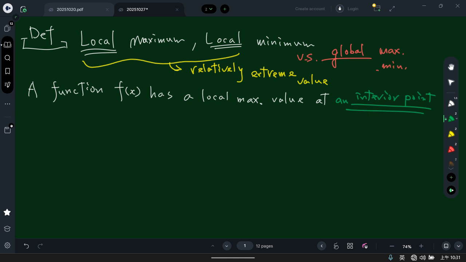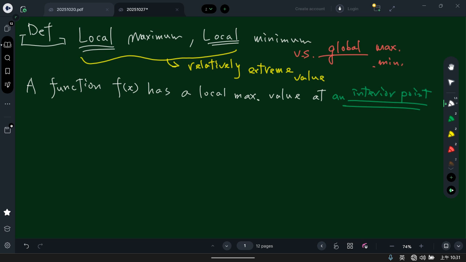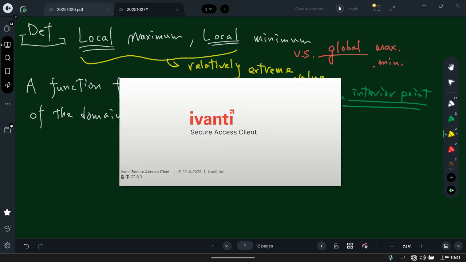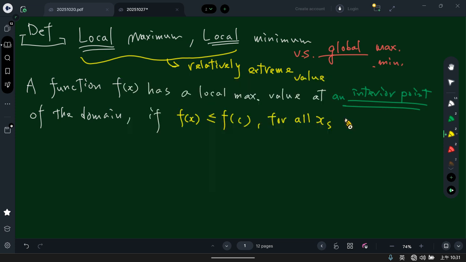So in this case, if at some interior point we can get the local maximum value, then it should follow that in this domain, f of x is less than or equal to f of c for all x in some open interval containing c.